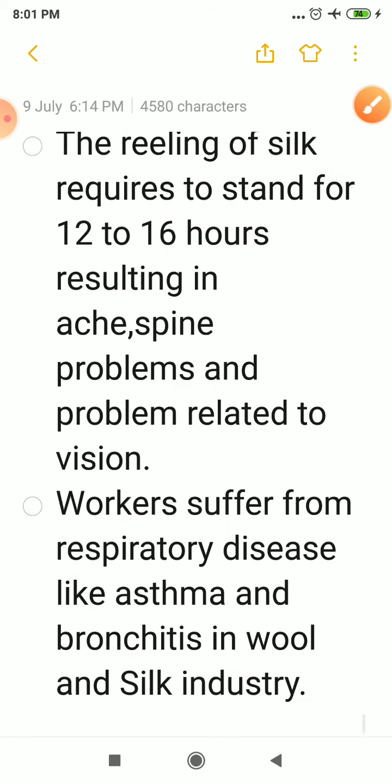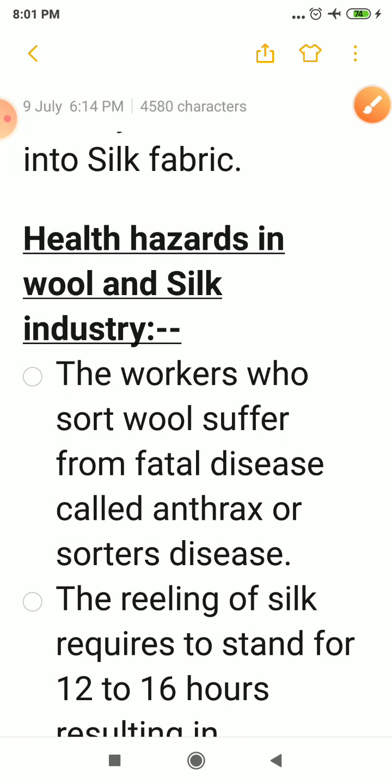These were the health hazards in the wool and silk industry.